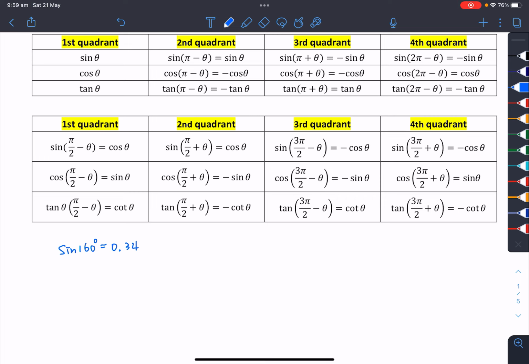But you find that sin 160 degrees can be rewritten as sin of 180 degrees minus 20 degrees. Therefore, expressed in radians, it becomes sin of pi minus 20 degrees, right?